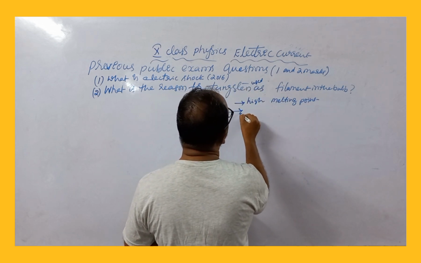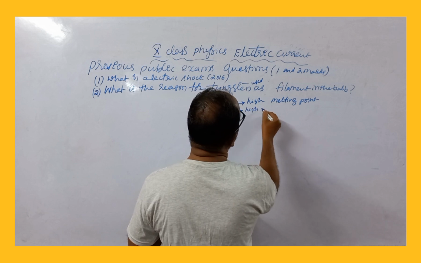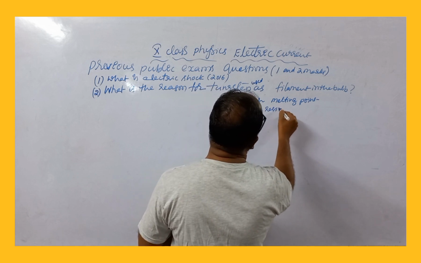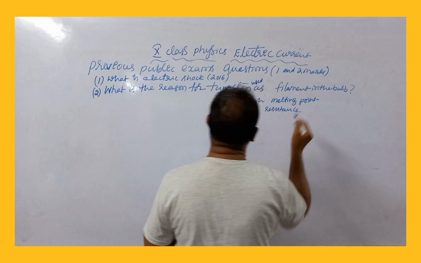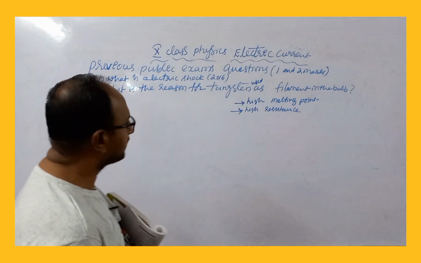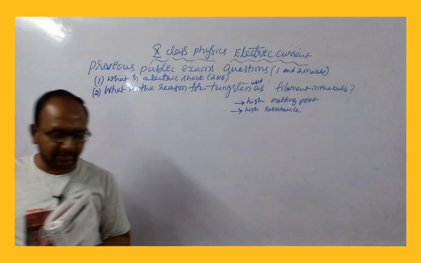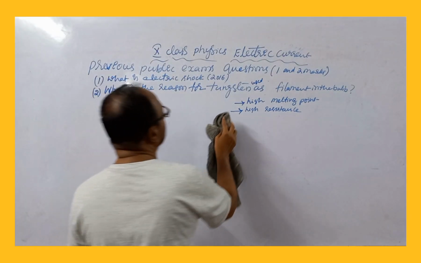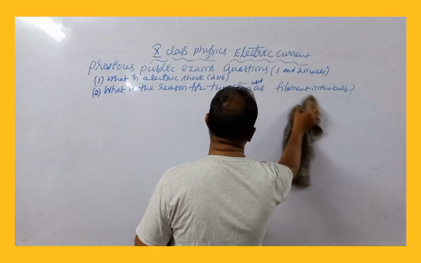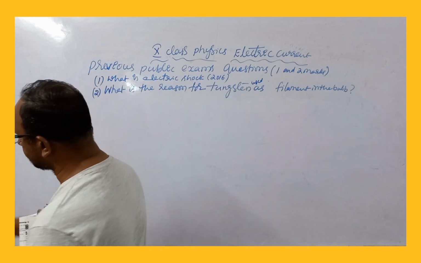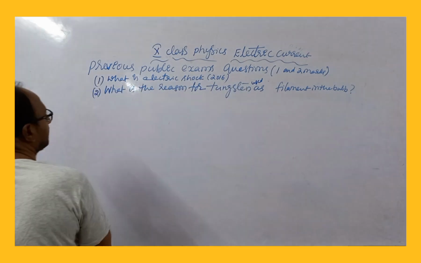Another one is high resistance. With these two reasons, high resistance and high melting point, it is used as a filament in the electric bulb. Melting point is high, and electric resistance is also high for this metal.